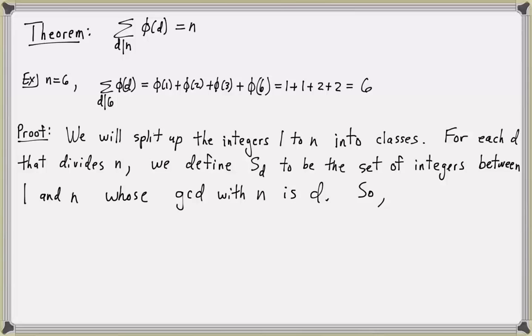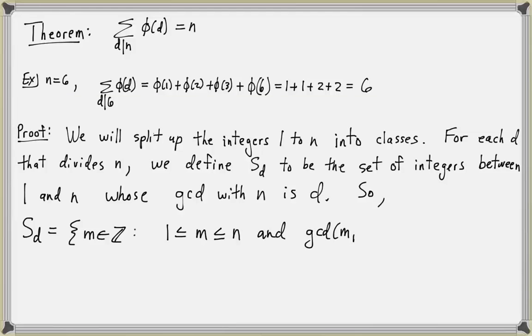In other words, S of d will be the set of integers m such that m is greater than or equal to 1 and less than or equal to n, and the greatest common divisor of m and n is d.